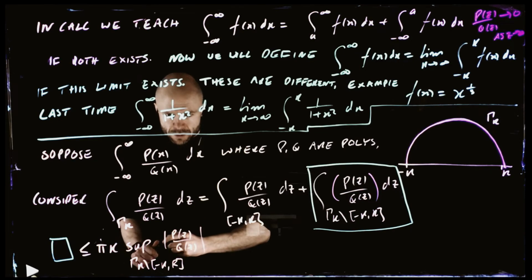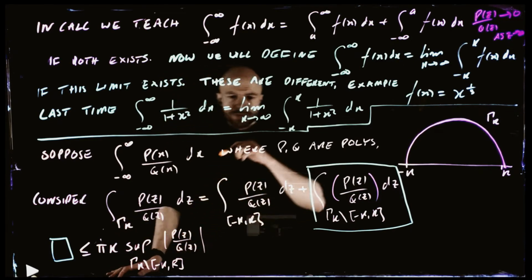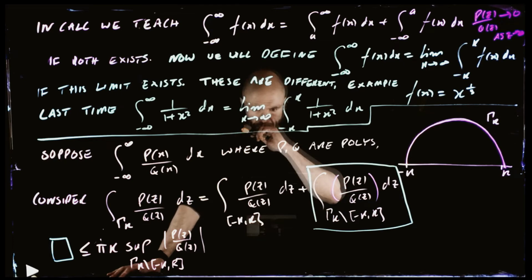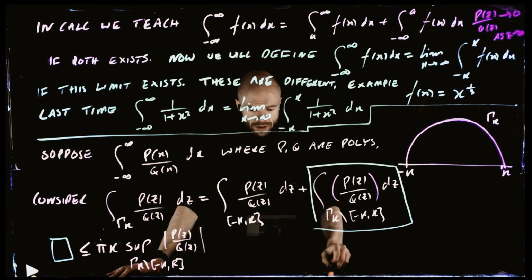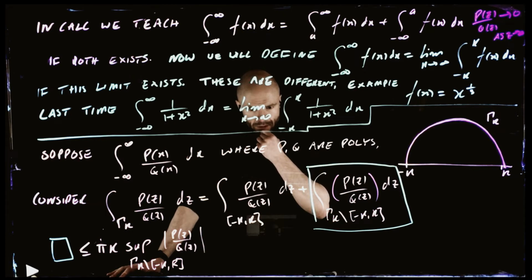So what do we require? At what rate will it have to go to 0 in that case? So remember, it's a rational function. So what's the rate at which it goes to 0?